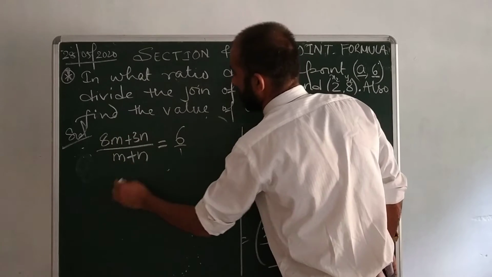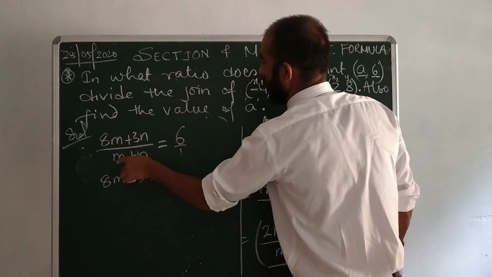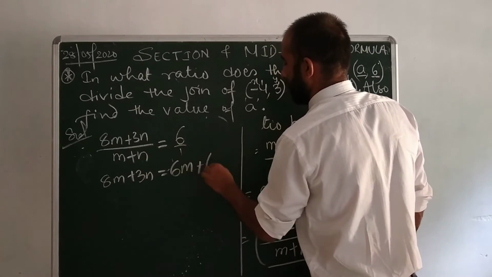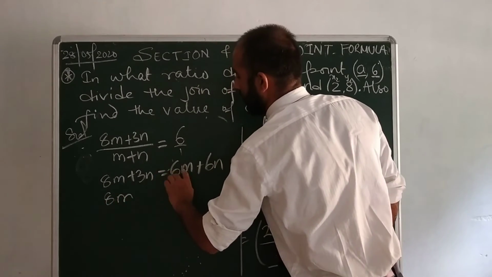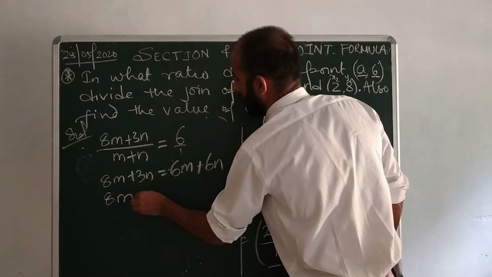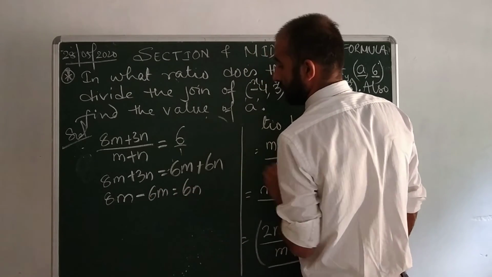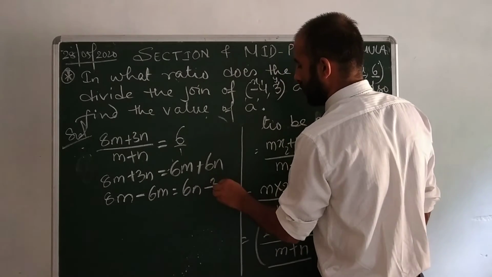Cross multiply, it will be 8m plus 3n equal to 6m plus 6n. So 8m, bring this back side, minus 6m, equal to 6n, bring this side, minus 3n.